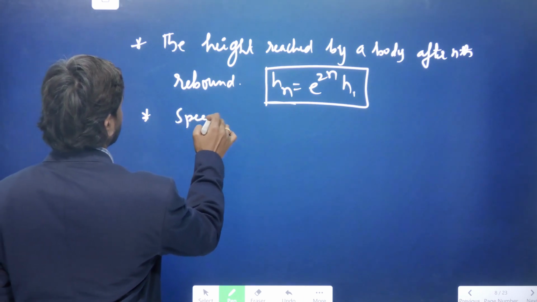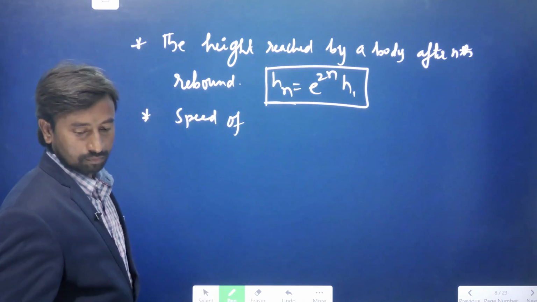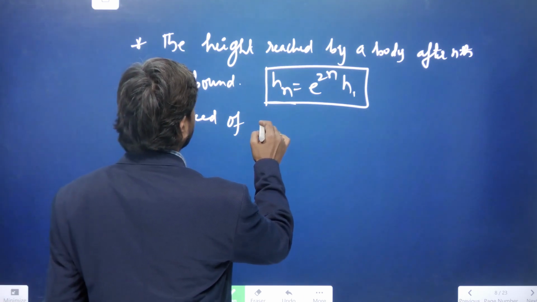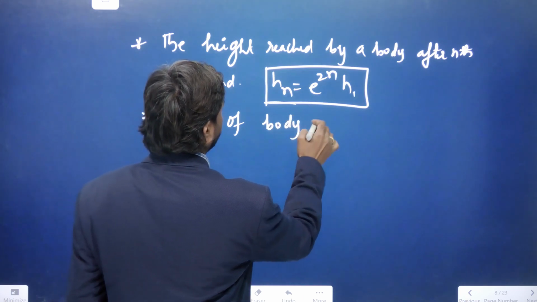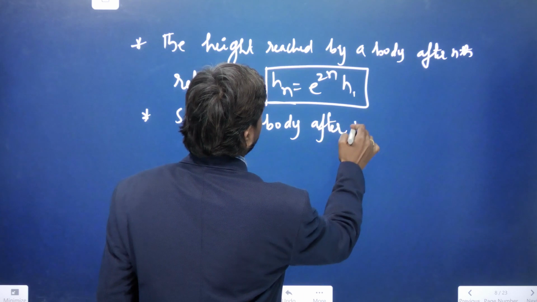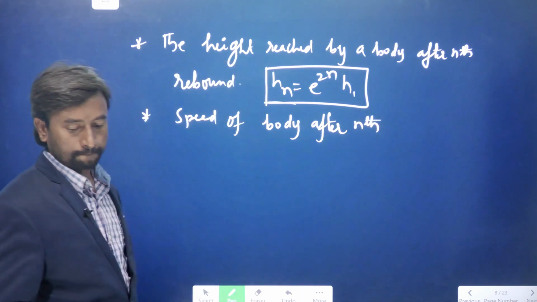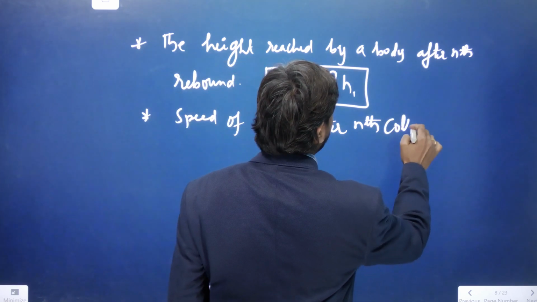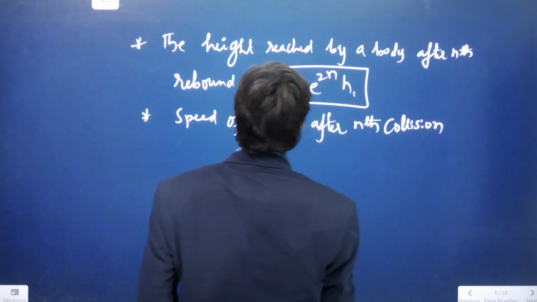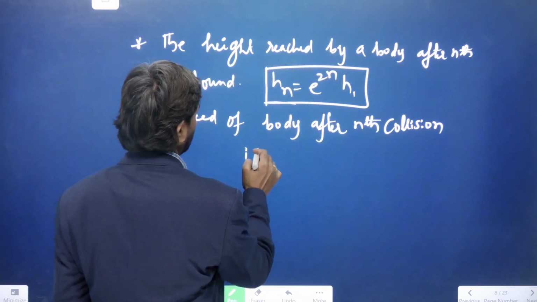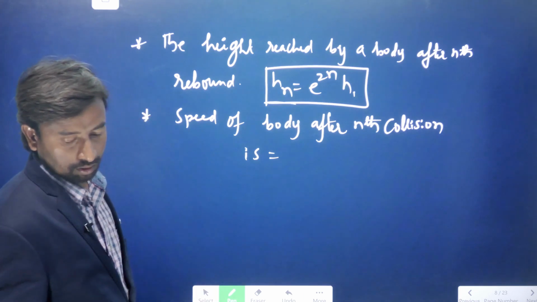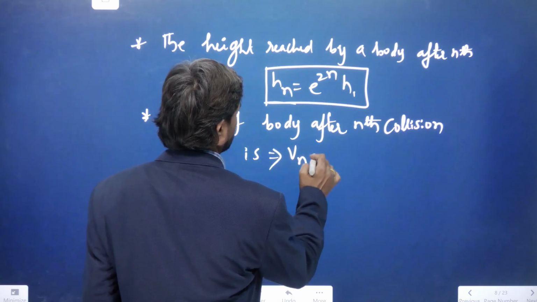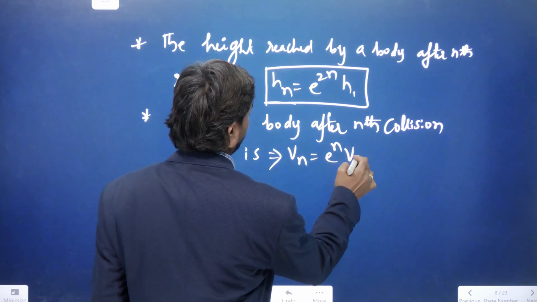Speed of a body after nth collision is given by, we can write here Vn is equal to e power n into V1 we can write there.